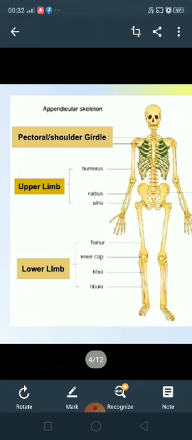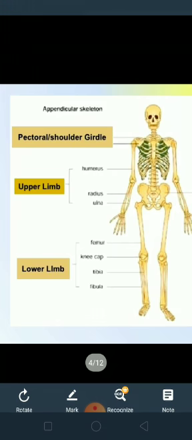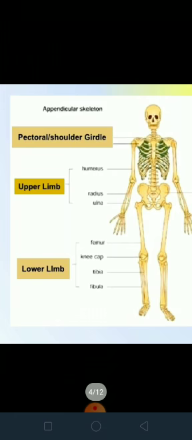We have 2 pairs of limbs and these limbs have long and hollow bones. Upper limb is made up of the humerus, that is the bone in our upper arm, and in the forearm it's made up of 2 bones, radius and ulna, and then we have our fingers. And the lower limb is made up of the thigh bone or the femur.